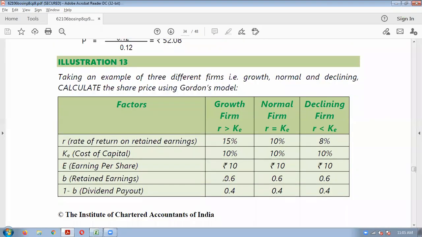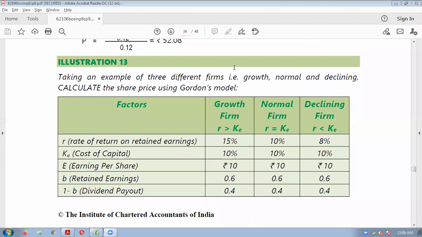The retention ratio is the same in all cases, so your dividend will be 40 percent. In all cases D1 will be 4 only. Because the retention ratio is the same, the dividend is the same, and your earnings is also the same. If both are the same, D1 remains the same. Only what will change? Growth will change in all the questions. So accordingly, you can find the answer.